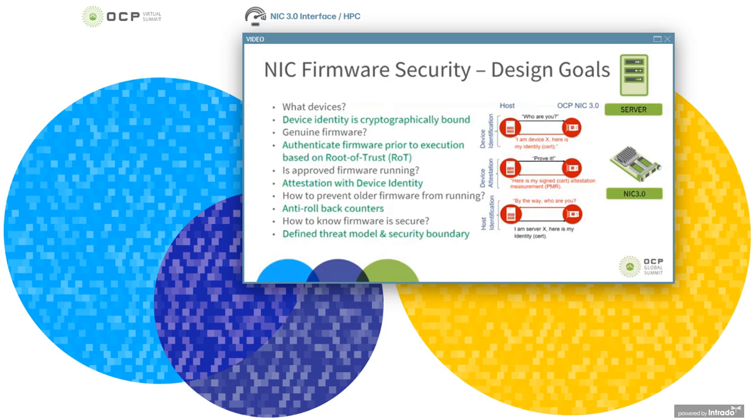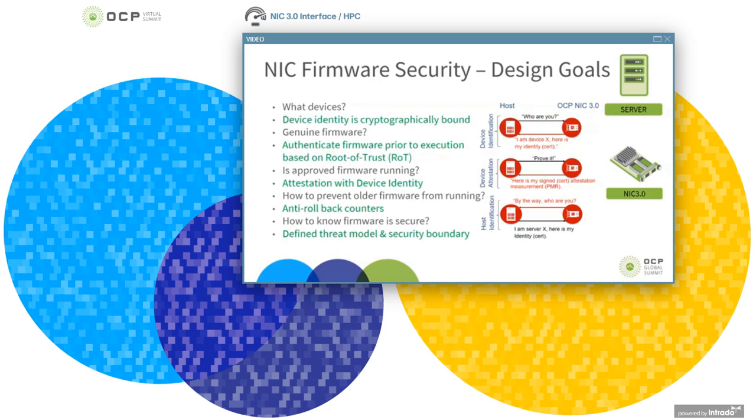One of the ways to make sure you're secure within some set of parameters is you define a threat model, which the OCP incubator security group has done, and you define a very specific security boundary, and then you analyze the system in that realm. When you go through that model, you understand what threats are in scope and what threats are out of scope, and you can have a good understanding of how secure your device is.